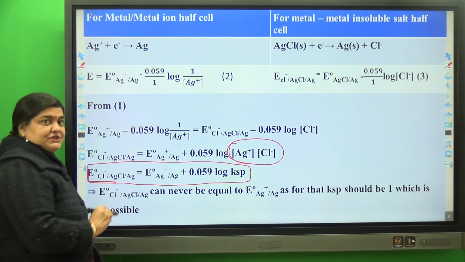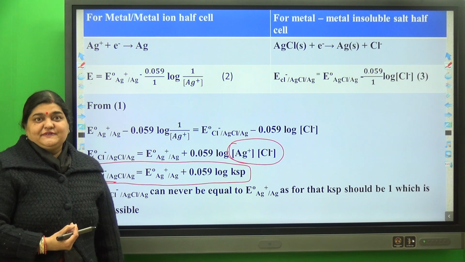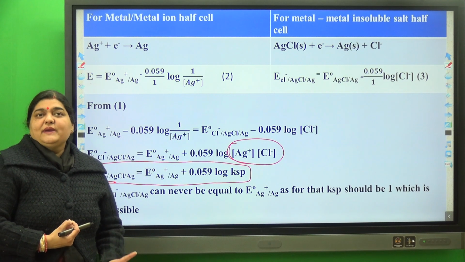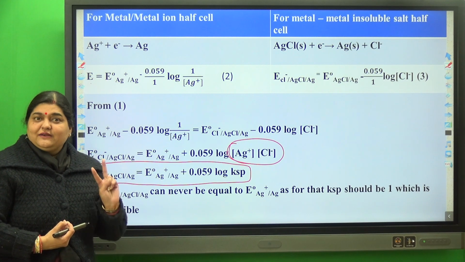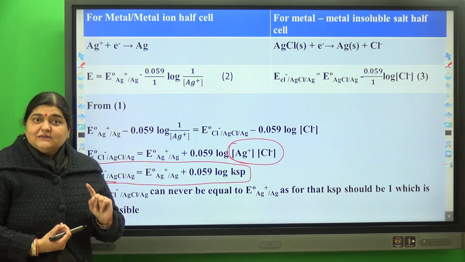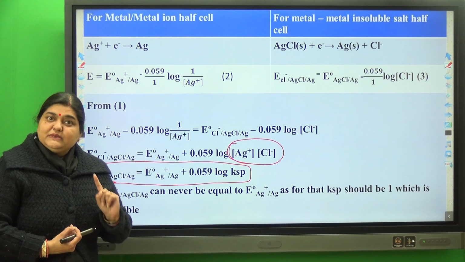Lot many questions are asked on it. Now what are the logic points which have to be kept in mind? Whenever we are going to find the relationship between electrode potential of this type of two half cells, E naught cell can never be equal. It's the E cell which is equal.